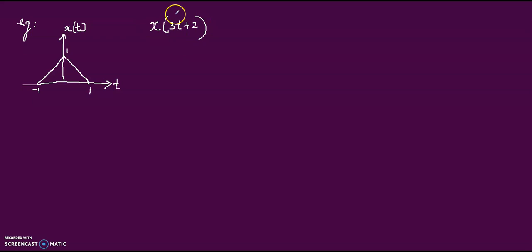For that, the first step is shifting, then scaling, and then time reversal if there is. But here there is no need of time reversal. We will see another example for time reversal. So the steps to be followed are first shifting, then scaling, and then time reversal.